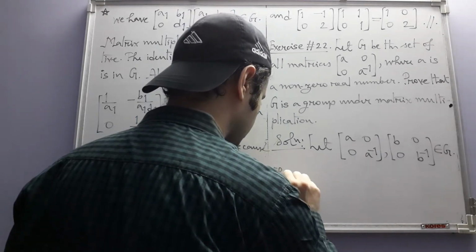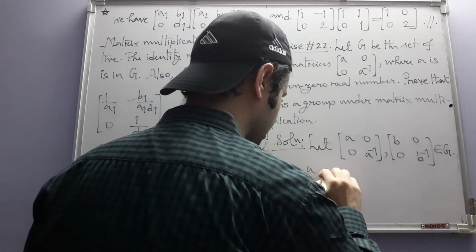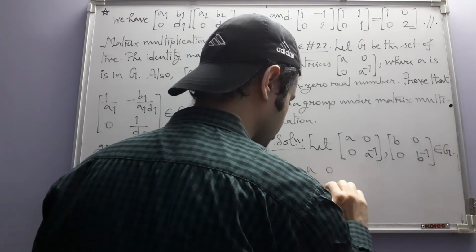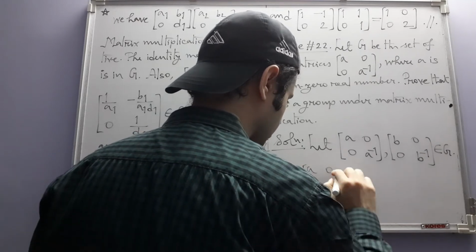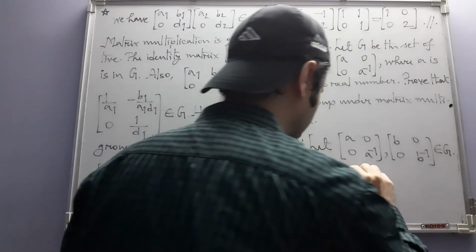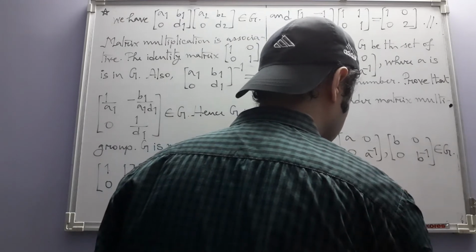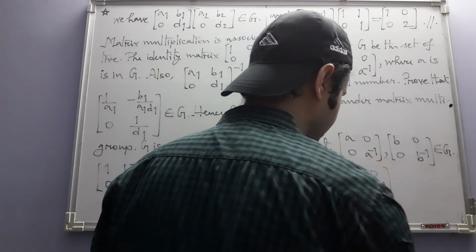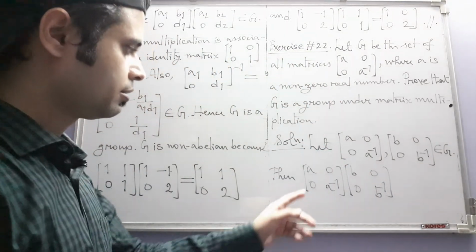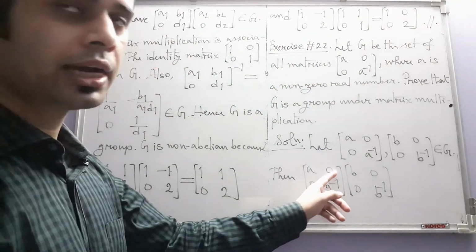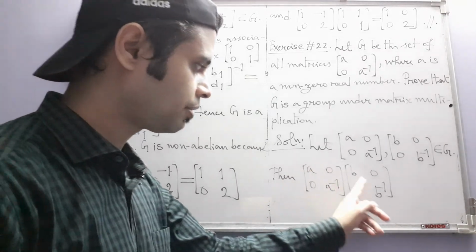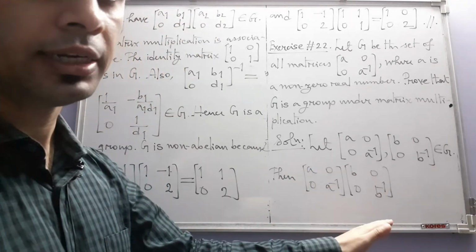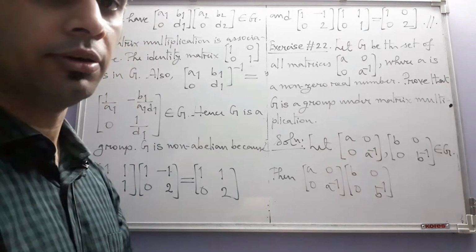Then if you multiply these matrices, if you already know this fact, then it will be obvious. Such matrices are called diagonal matrices, no? Where the off diagonal elements, the elements which are not appearing along the leading diagonal, are all 0.